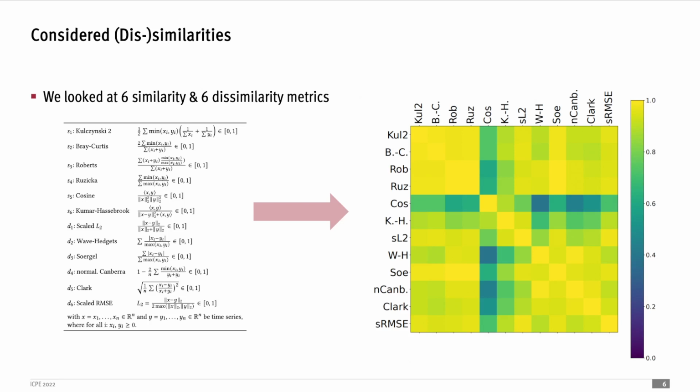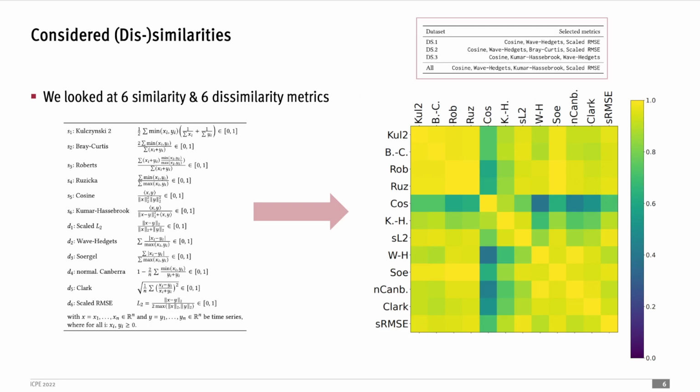So basically what we can see here is that if we just use one of them, this would be enough for us. While when we looked at, for example, the cosine metric or the scaled RMSE, we see that they present much more heterogeneity throughout the metrics, which means that if we take, for example, the cosine, we will definitely get results that are not similar to the other metrics presented here.